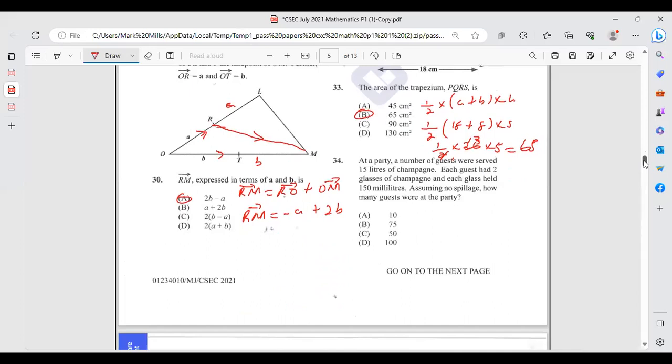At a party, the number of guests were served 15 liters of champagne. Each guest had 2 glasses of champagne, and each glass had 150 milliliters. Assume that there was no spillage. How many guests were at the party? How would I approach this question?